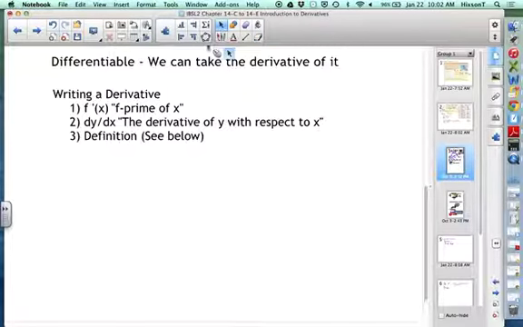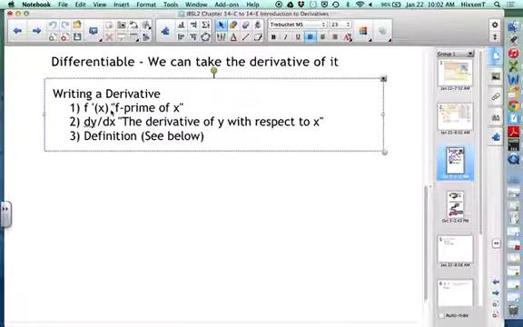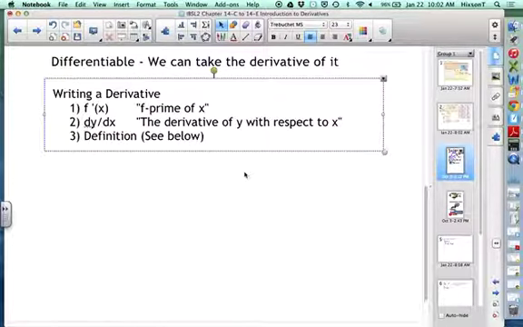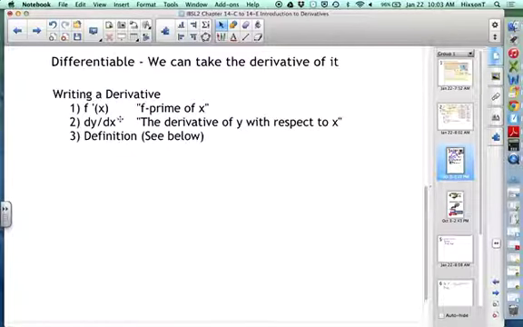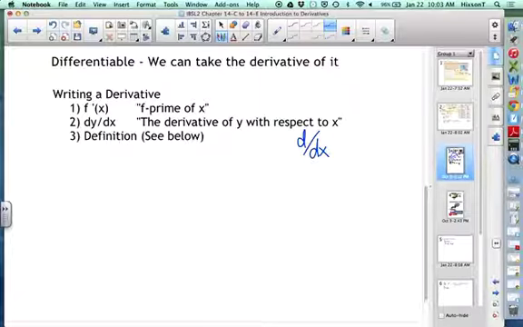And then we also have this other notation, dy dx. Okay? And that means the derivative of y with respect to x. Okay? Now, you can also have just the derivative with respect to x, and you can use that particularly when you have multiple variables or something like that in there.